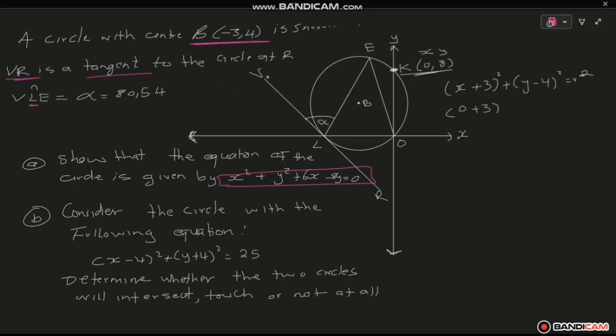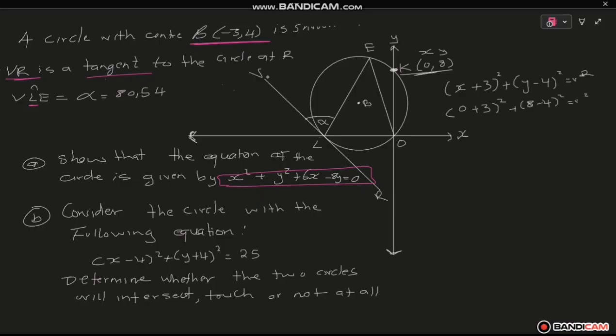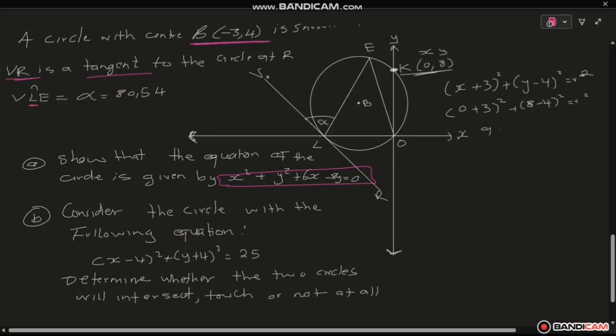So x is 0 plus 3, y is 8 minus 4, squared, equals r squared. We are actually determining the value of r squared. Therefore, here we have 9 plus 16, if I'm not mistaken, equals r squared.